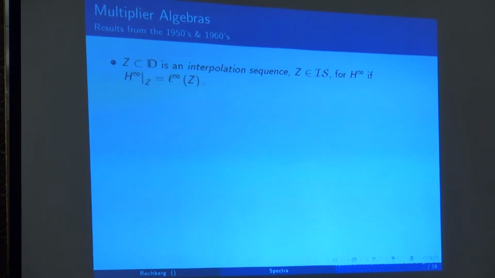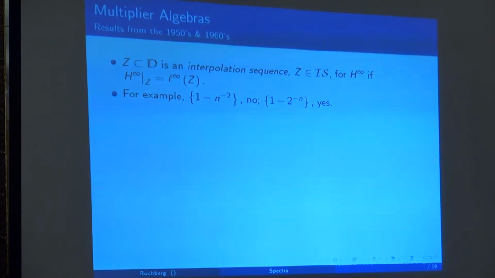It's automatically into bounded functions, so it's an interpolating sequence exactly if the restriction to Z is all bounded functions on Z. So, examples: the sequence has to go to the boundary fast enough. 1 minus 2 to the minus n does go to the boundary fast enough. 1 minus n to the minus second power is a Blaschke sequence, so it's a zero sequence for H infinity, but it doesn't go to the boundary fast enough to be an interpolating sequence. So there are two examples of zero sequences. Only the second one is an interpolating sequence.